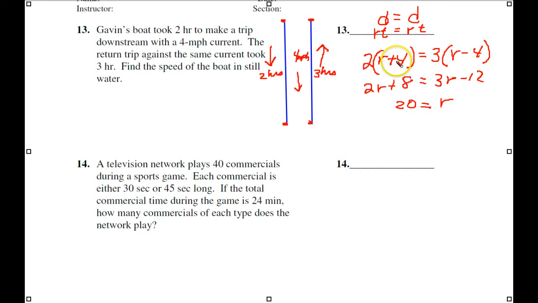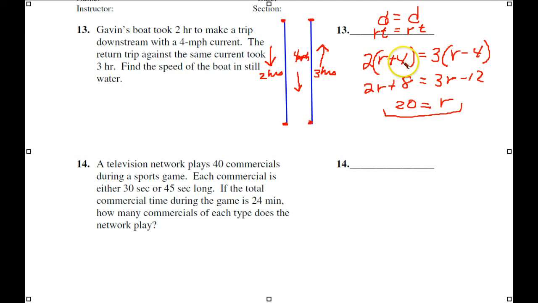So we distribute to clear the parentheses. We bring the 2r over to this side as an r ending, and then add 12 to both sides. We get r is 20. So there's our answer. The rate of the boat in still water is 20.